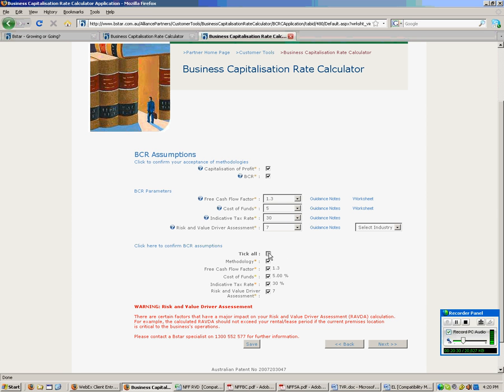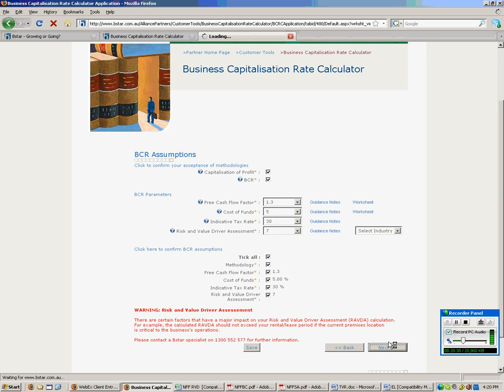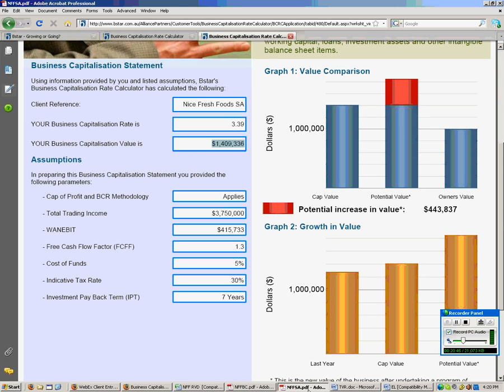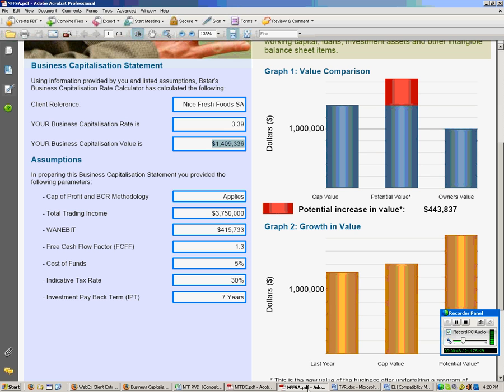Once alliance partners have changed their inputs, they then go forward and recalculate the result and produce a new business capitalization statement outlining the opportunity for value improvement.